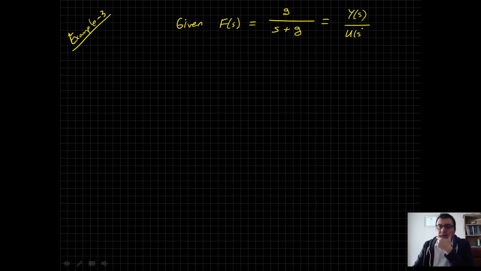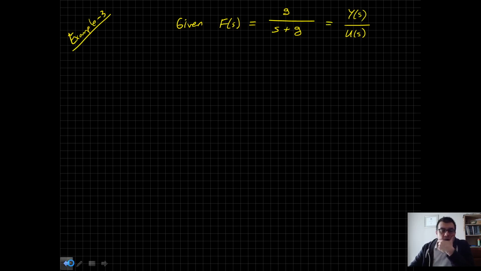Given f of s is g over s plus g, right? This is nothing but output y of s over u of s. That's in the Laplace domain, the way we apply low pass filtering.